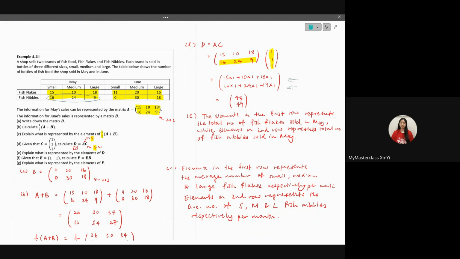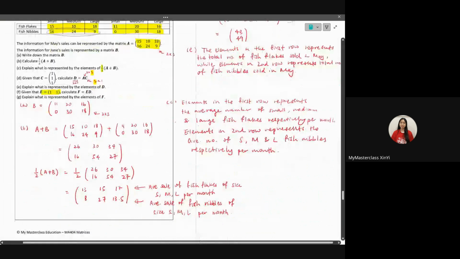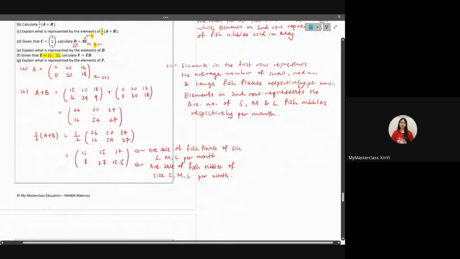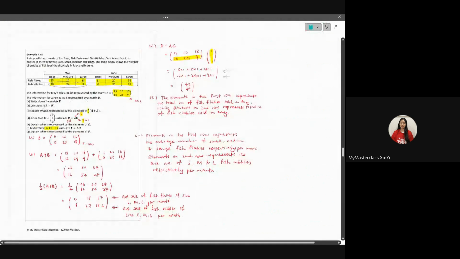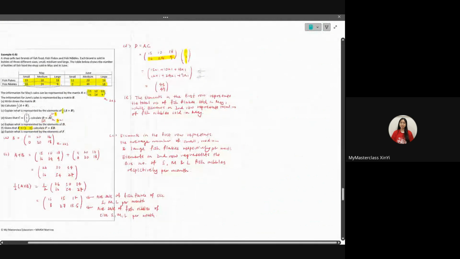Now part F. Given that E is this row matrix, calculate F equals ED. So you're trying to find a matrix F. So from here, let's continue over here.